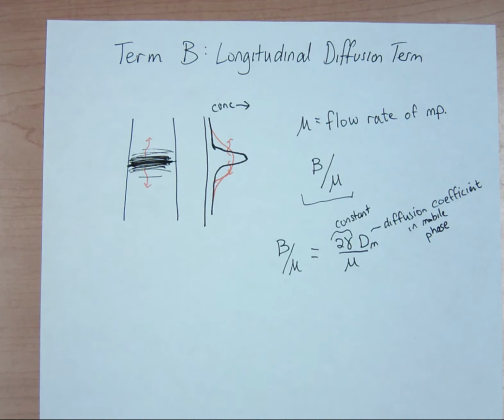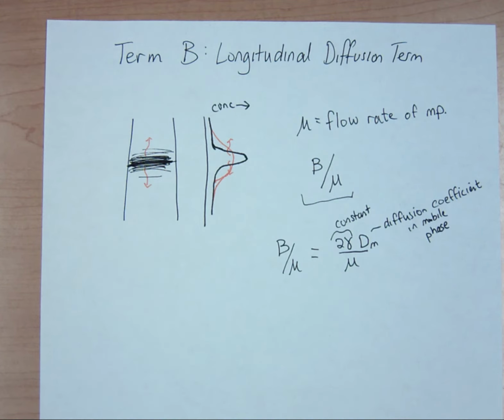Okay, so when we're looking at this, the size of the particles doesn't matter, like we saw did matter with the A term, but what does matter here is the diffusion coefficient for the analyte in the mobile phase. Now, would this diffusion coefficient be higher or lower in the gas phase versus the liquid phase?